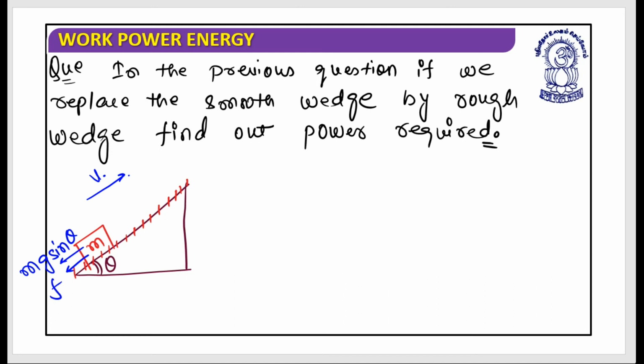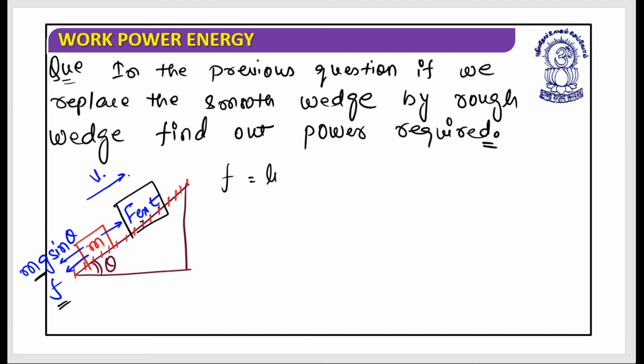So mg sine theta and friction are acting downward along the wedge, and I need to apply the F external in this direction. If I am capable enough to provide an F external which is, magnitude-wise, the addition of mg sine theta and the friction force, this block can move in the upward direction with speed v.